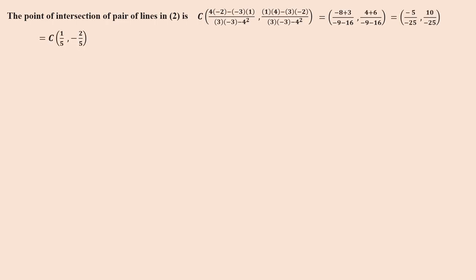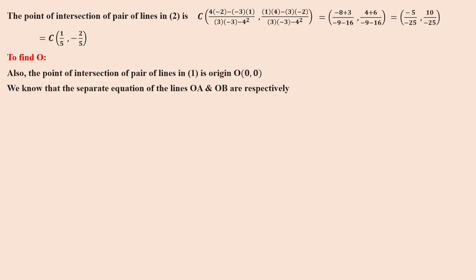C is the point of intersection of the pair of straight lines, so C is (1 by 5, minus 2 by 5). Similarly, O we know is the origin, 0 comma 0, that is easy.